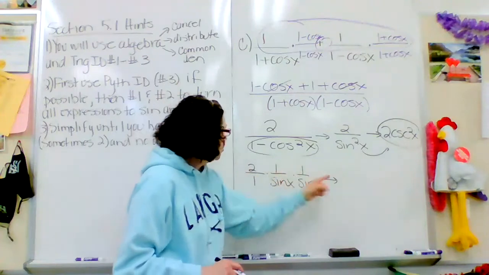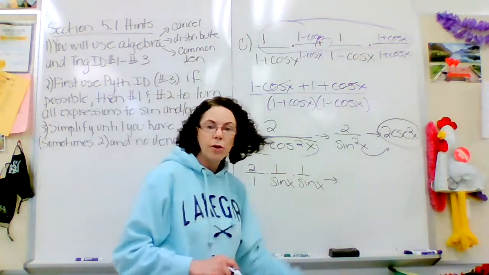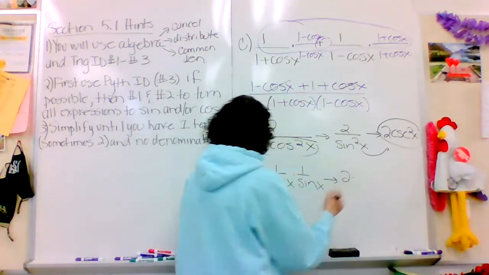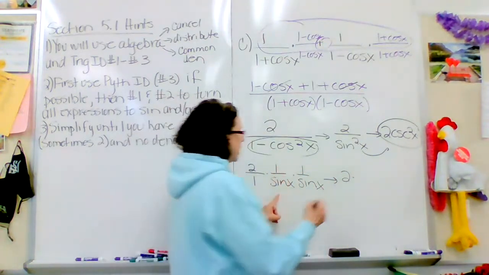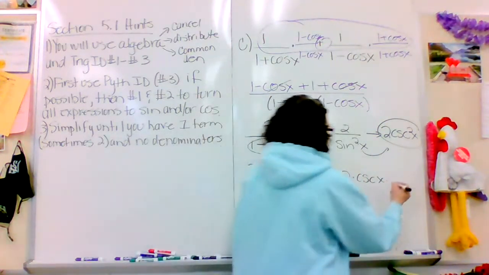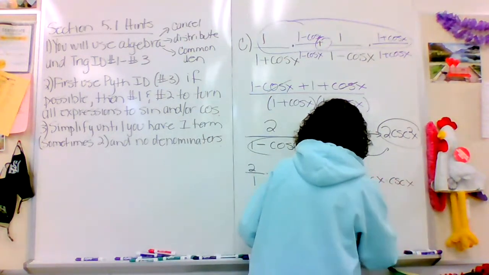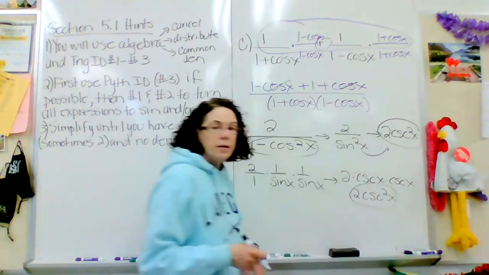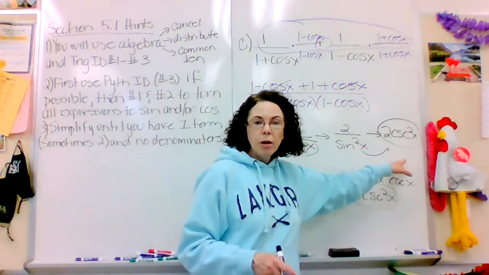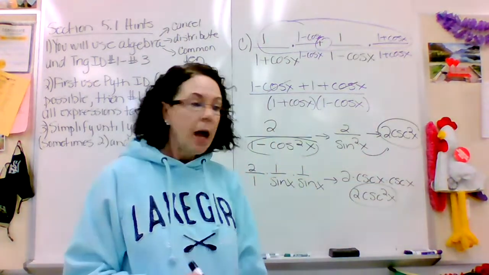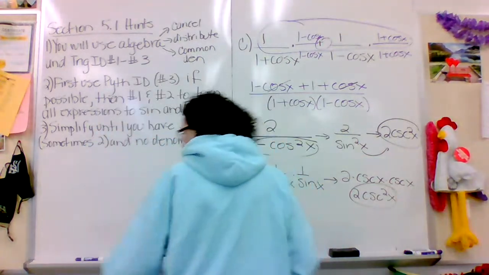Yes, I have a 2 in the numerator and a sine squared in the denominator. The reciprocal of sine is cosecant, so that is cosecant squared. You're welcome to make that jump, or you're welcome to do the steps. Let's look at 3D.